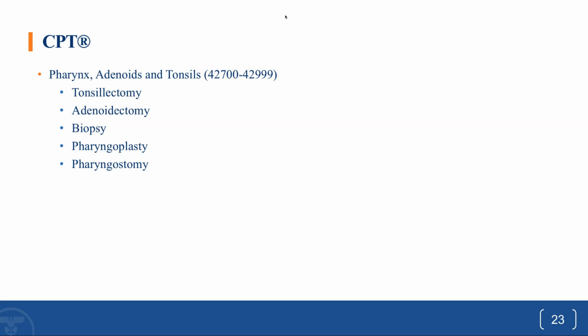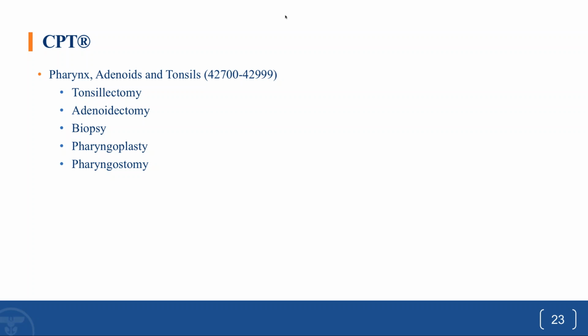And although they're having their tonsils removed, are they also, or coincidentally, having their adenoids removed, right? Because you have a code for just tonsil removal and just adenoid removal, which is 42830. So that's tonsils alone, 42825, adenoids alone, 42830.